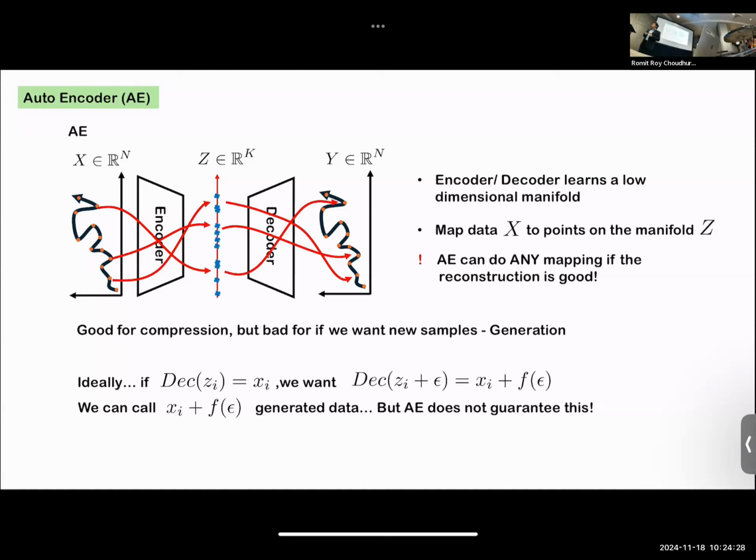You have to train the encoder and decoder together, because whatever latent space the encoder is going to project to, the decoder has to learn to decode from that latent space. I hope this is clear. The encoder is mapping a high dimension to a lower dimension, and the decoder is mapping from lower to high dimensions.